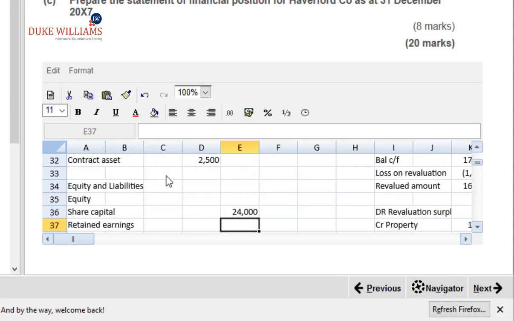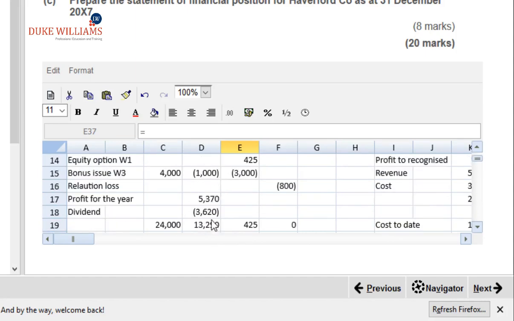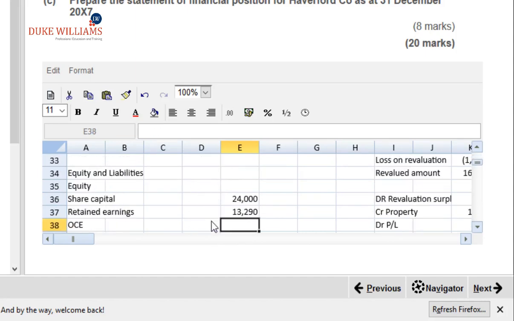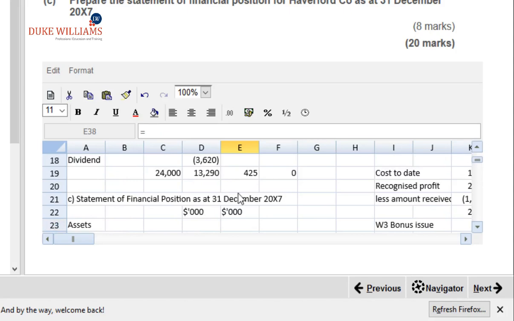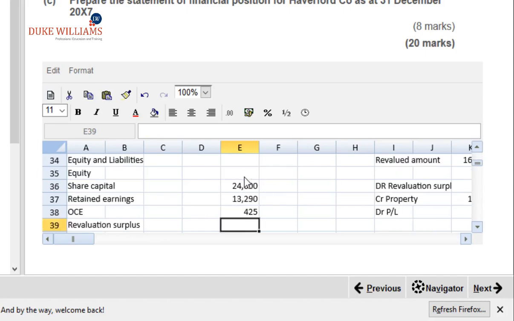So that's it. Then our retained earnings should also give us total of what we had from here. Keep it simple. Our OCE should give us what we have for the balance, which is basically the equity split from the convertible loan notes.